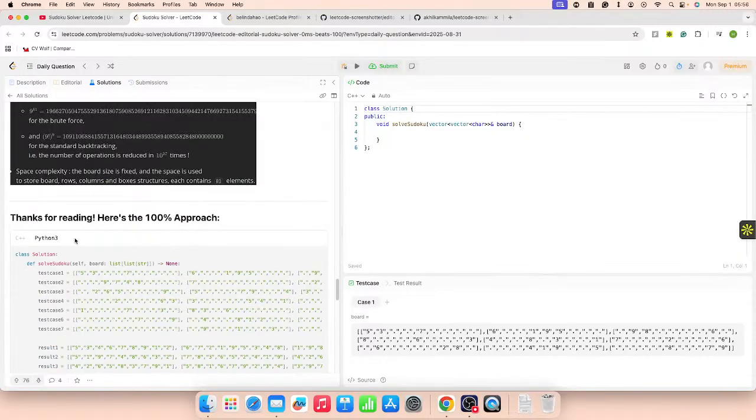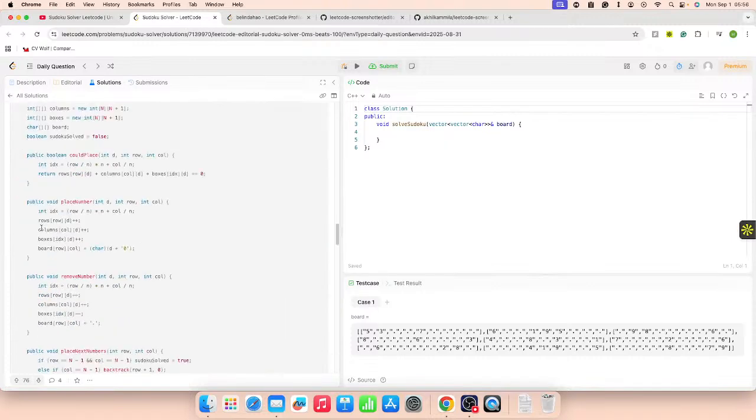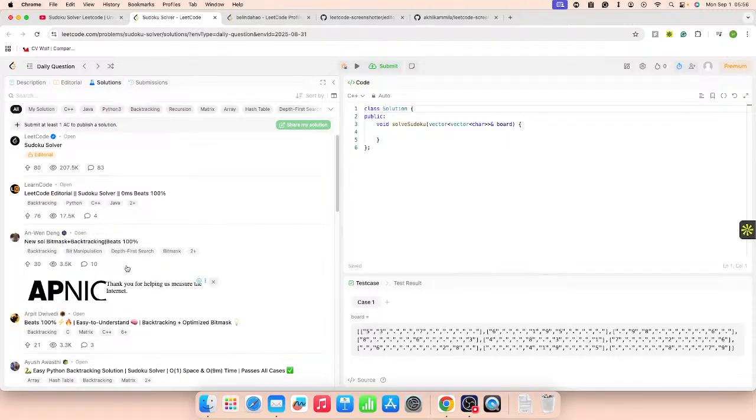This is a hard code solution, right? Yeah. But let me check what is the time complexity. People are actually submitting this huge time complexity. I don't know.